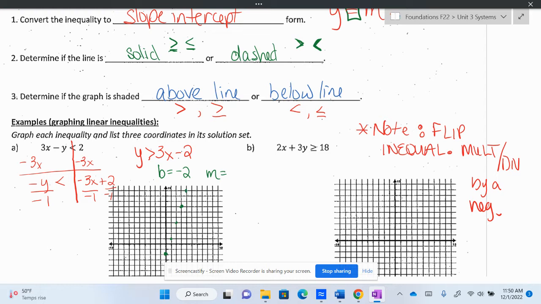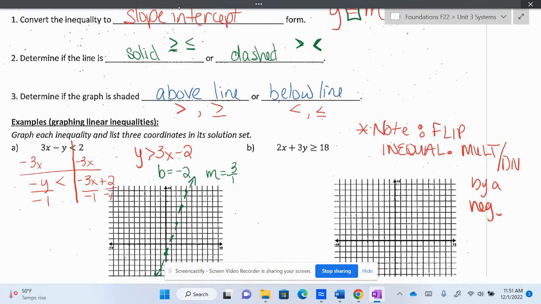So I'm going to connect these points with a dashed line. So remember, we begin at the y-intercept, negative 2, and turn my slope 3 into a fraction.